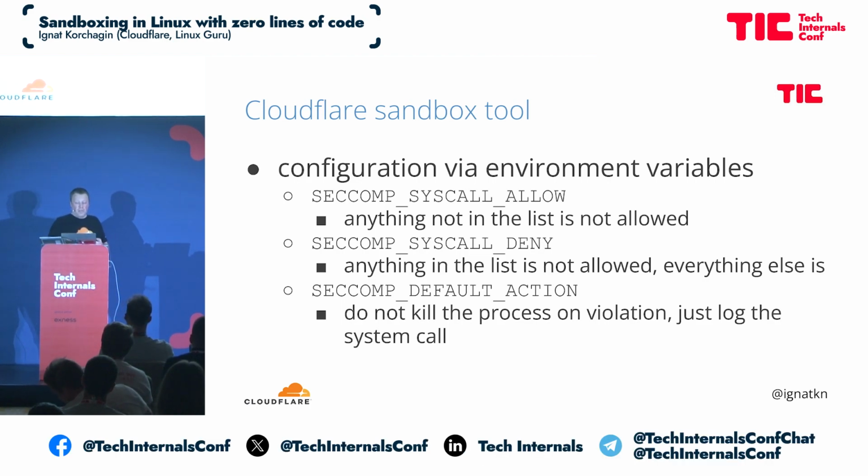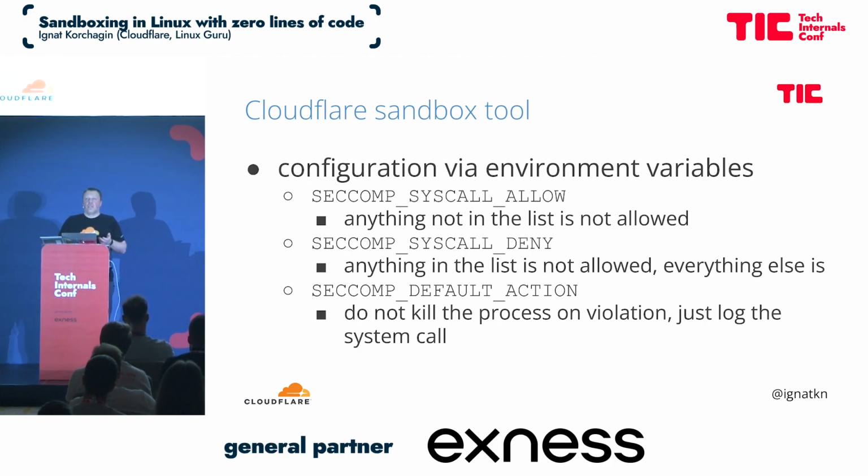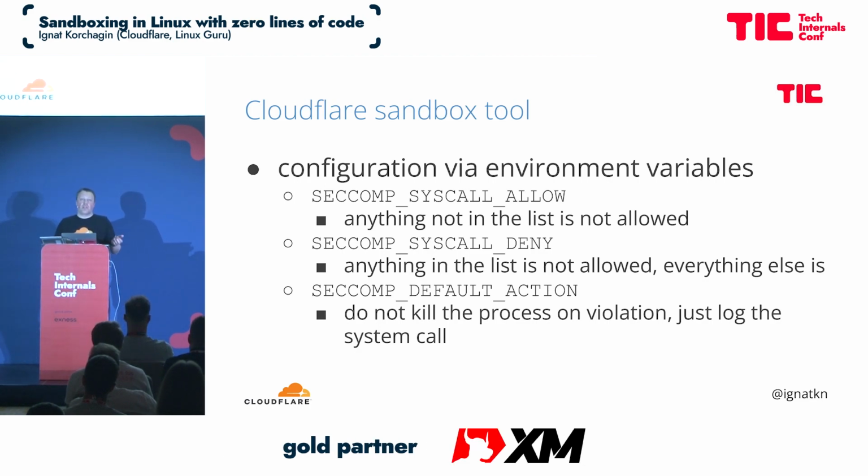There is also one other useful feature called seccomp default action, which currently supports only one option, called log. Sometimes you have an application, especially a proprietary one, and you don't even know what system calls it uses. You can probably use strace to figure that out. But if you have the toolkit, you can specify seccomp default action and set it to log.